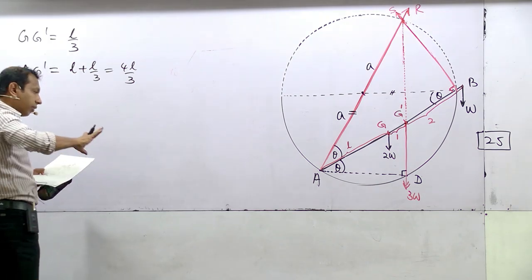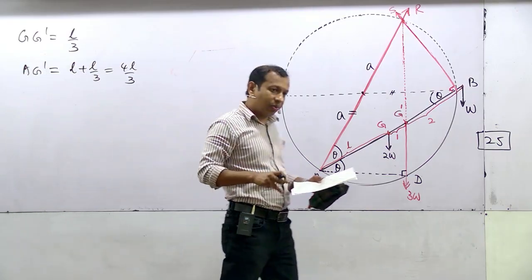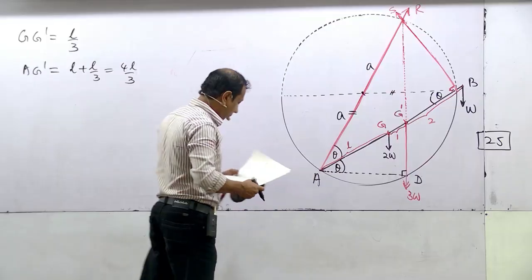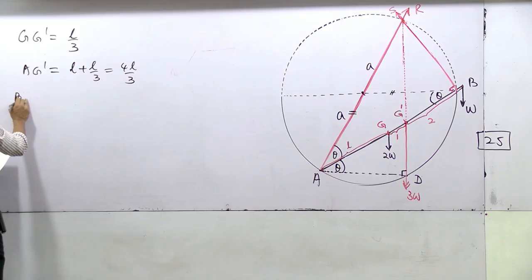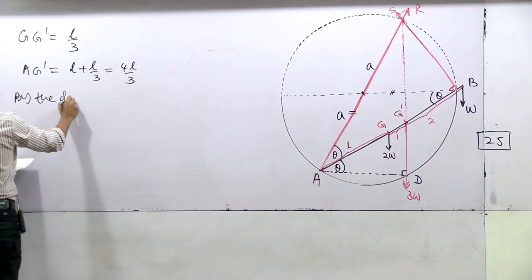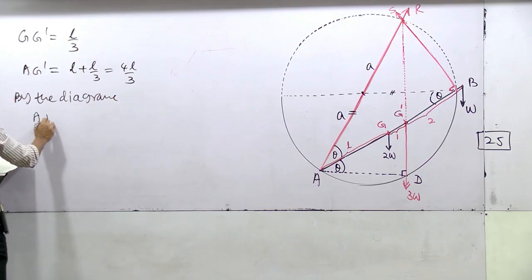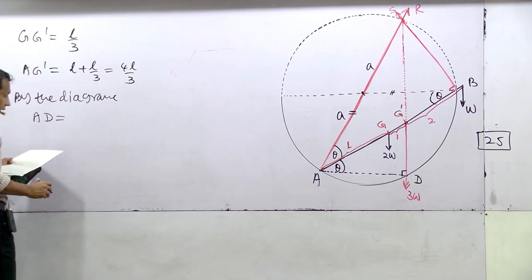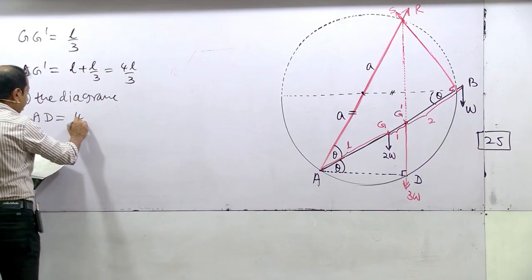By taking the forces and resolving horizontally and vertically, and taking moments, is also possible to apply. By the diagram we can write AD. One way of writing AD is 4L by 3 cos theta.